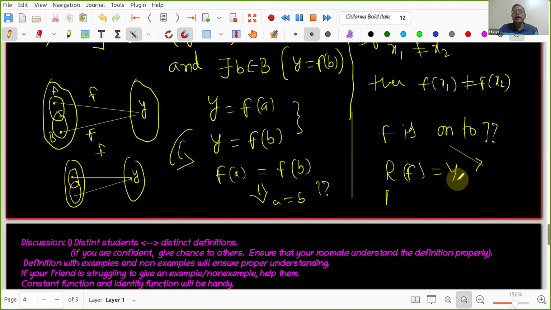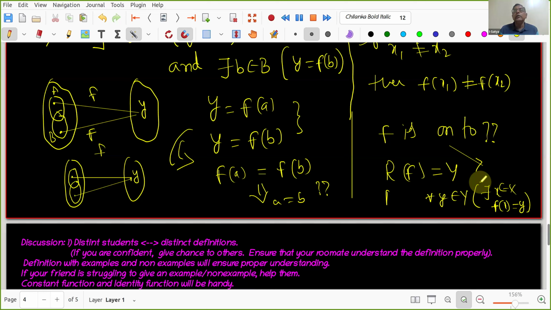But that is the same as R of f equal to Y. This is the definition of the range: y is in the range means there exists an x such that this. So given any y in Y, this is very, very important. For the onto function definition and the constant function definition, I take elements from the codomain.